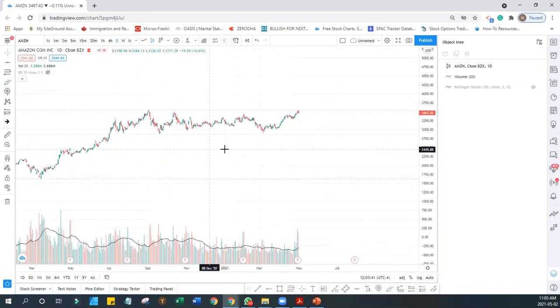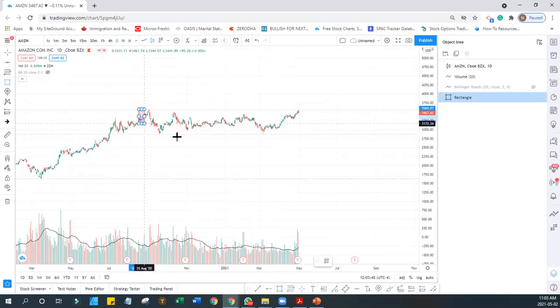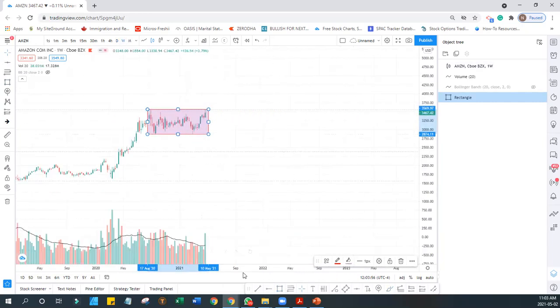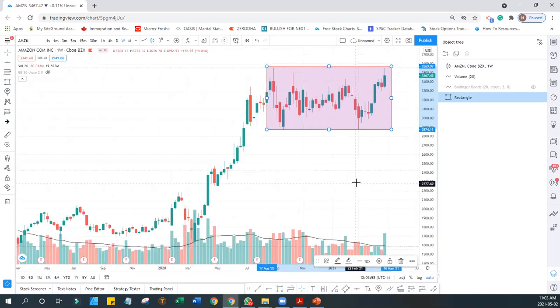But if you see here, this is consolidating. Remember, this is consolidating. If Amazon has to go up, let's look on a weekly basis. Because it's a big stock, it's consolidating between the 600 or 700 area.